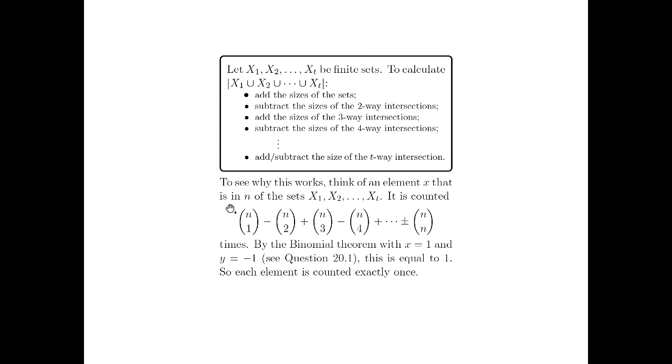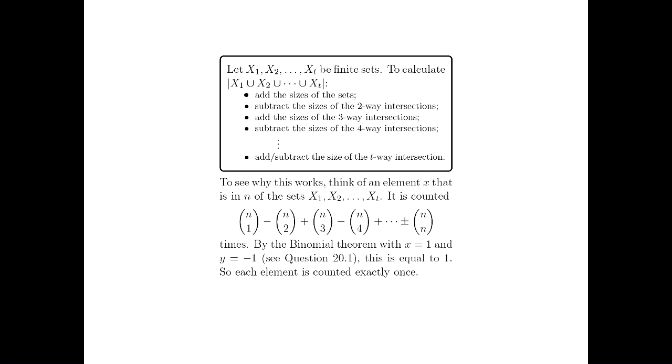But when you think about it, the number of times it's going to be counted in the first bit of this, where we add the sizes of the sets, is n choose 1. It's going to be counted n times, right?